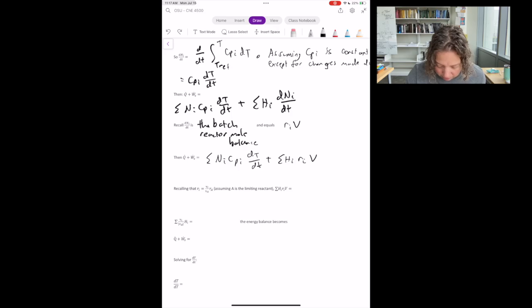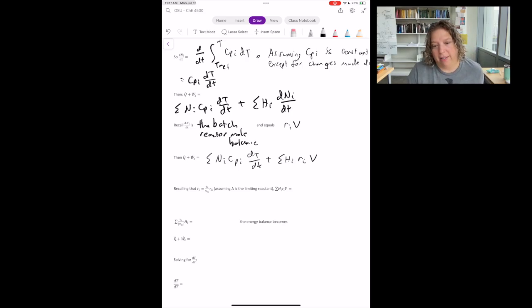What that allows me to do is say that the rate of any species is some multiplier times the rate of species A. That multiplier is going to be the stoichiometric coefficient of that species divided by the stoichiometric coefficient of species A, where stoichiometric coefficients will be negative for reactants and positive for products.